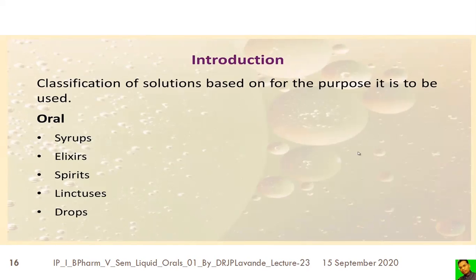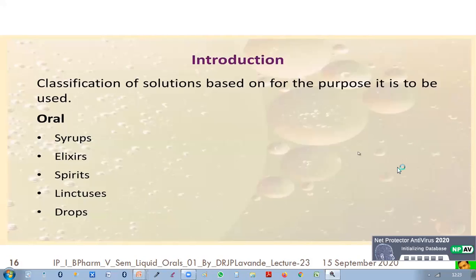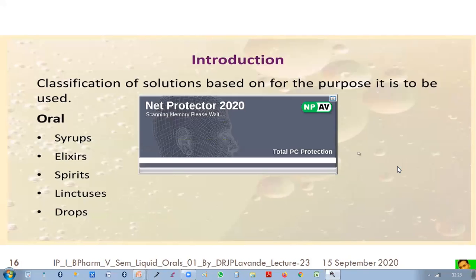Let us say, for example, if these are to be taken by oral route, which is what we studied just now, because our topic is the liquid orals. These liquid dosage forms are taken by the oral route. Examples like syrup, elixir, spirit, linctuses, and drops are all oral liquids.